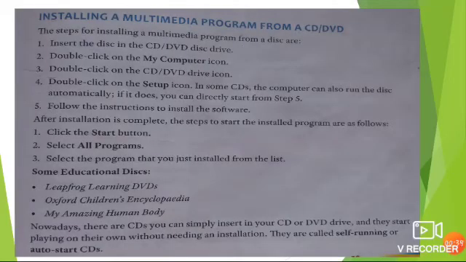So children, installing a multimedia program from a CD or a DVD. The steps to be followed to install a multimedia program are: first thing is you have to insert the disk in the CD or the DVD disk drive. After that, you have to double click on my computer icon, which you can see on the desktop of your computer or the laptop.